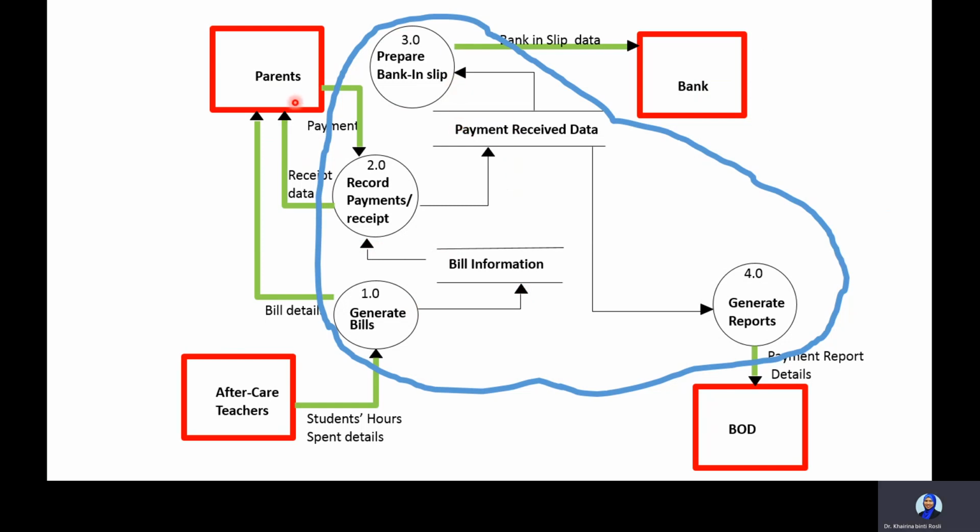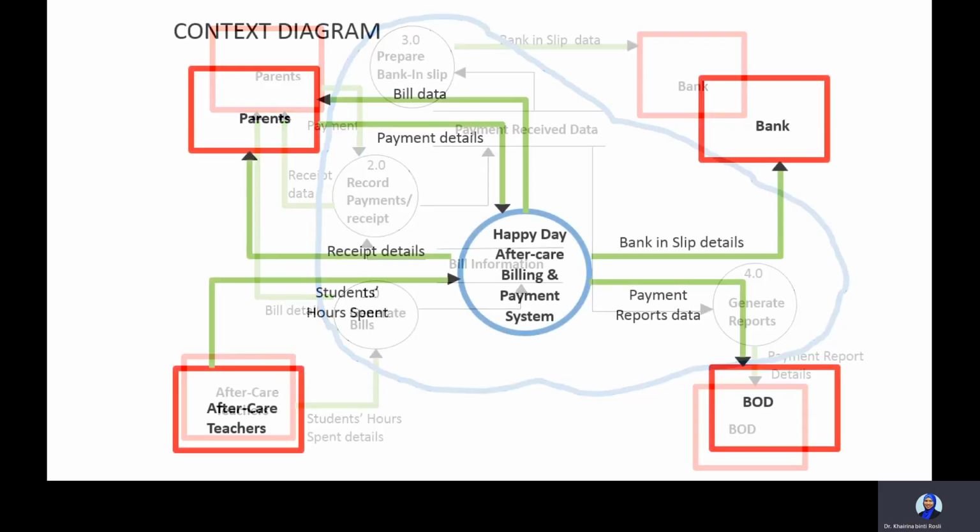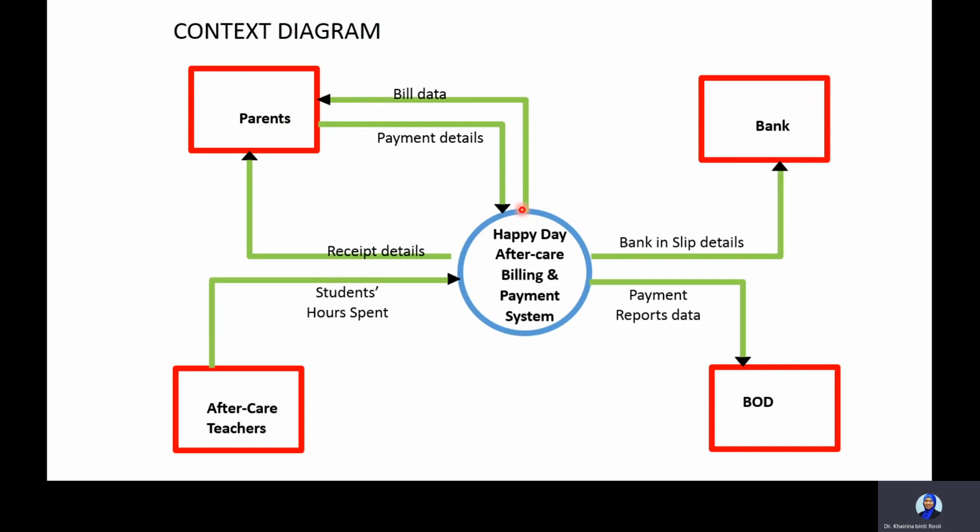What we take is the arrow or data flow that relates the external entities to the system, what goes in from the external entities and what goes out to the external entities. So we keep those data flows. Now that we have created the context diagram, right?